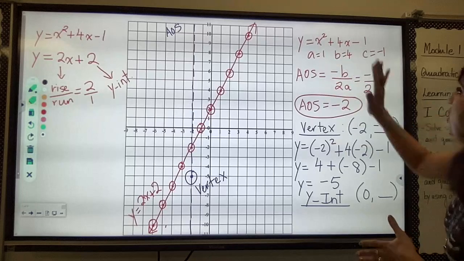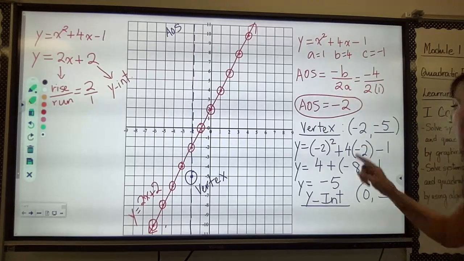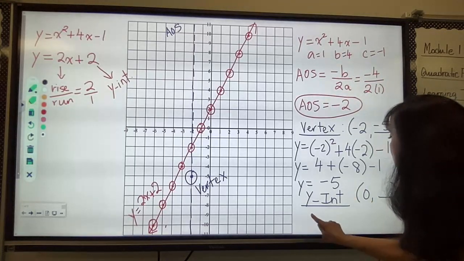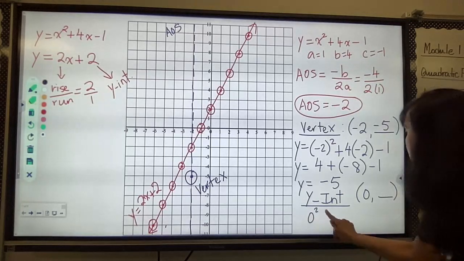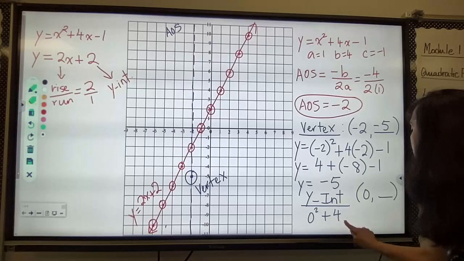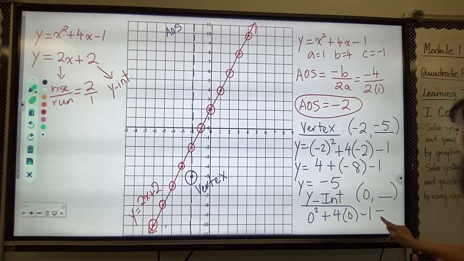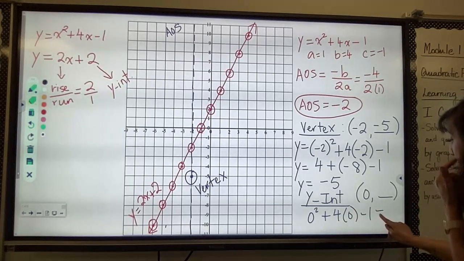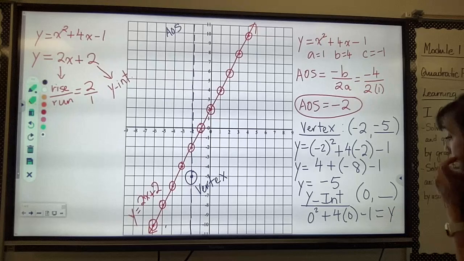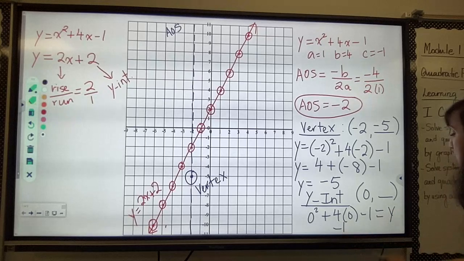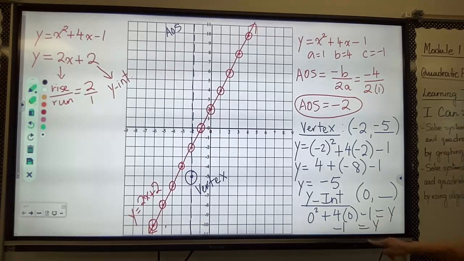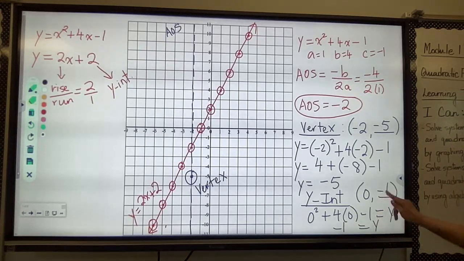I'm going to take the original equation once again, and I have 0 squared plus 4 times 0 minus 1 is equal to what the y-intercept is going to be, right? So this gives me -1 is equal to my y.